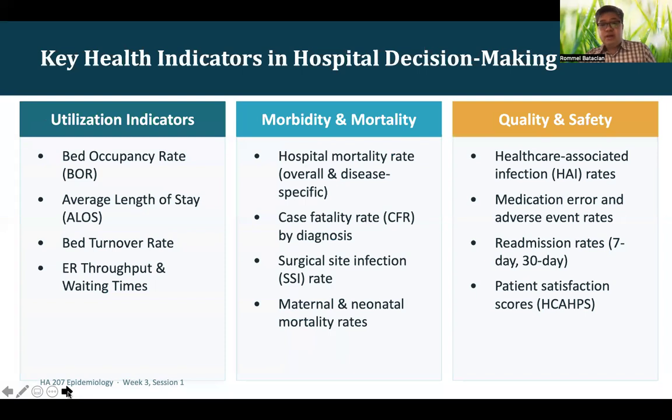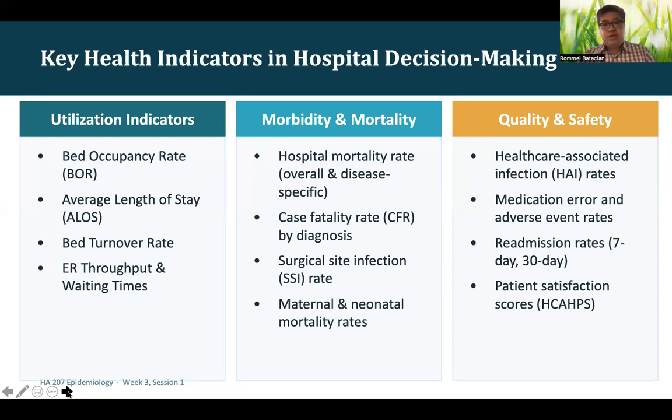So this time, let's look into specific indicators that you have to internalize as hospital leaders. The first one is utilization indicators. How is your bed occupancy rate? This means the percentage of beds that are filled on any given day. I think the DOH benchmark is about 85%.